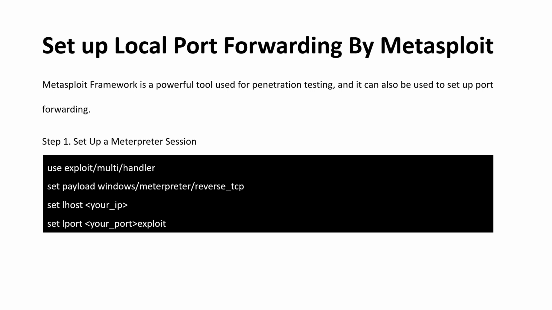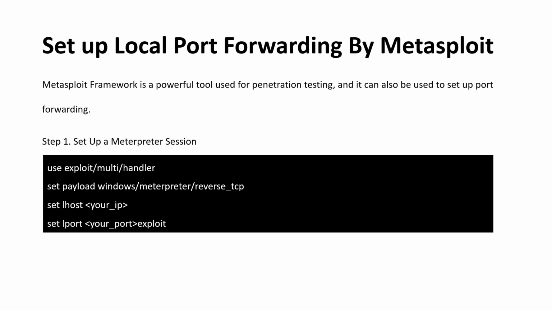Generally speaking, there are two major techniques. The first one is the Metasploit framework, and I've already utilized Metasploit to do port forwarding in other videos, if you have followed my channel. So how to do it?